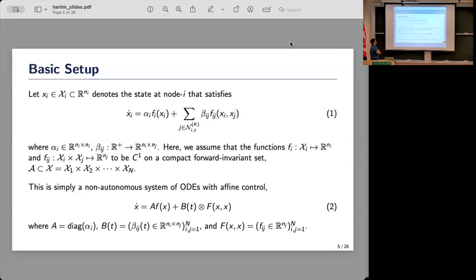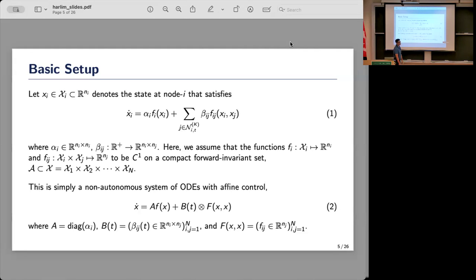So now the basic setup, okay? Suppose x_i is just a state variable, denoting a state at each node i, okay? It satisfies the following specific dynamics. You have a self-interaction through the node i, and here's the cross-interaction with the other K-hop neighbors, okay? So alpha here is just a matrix, okay?